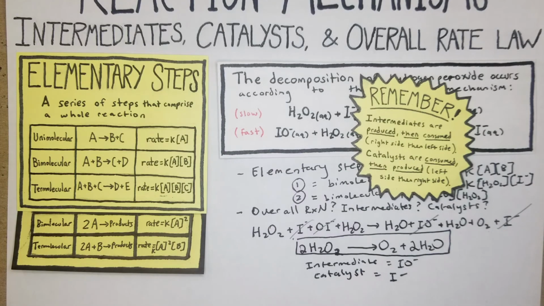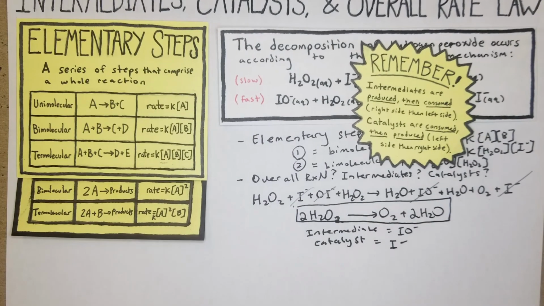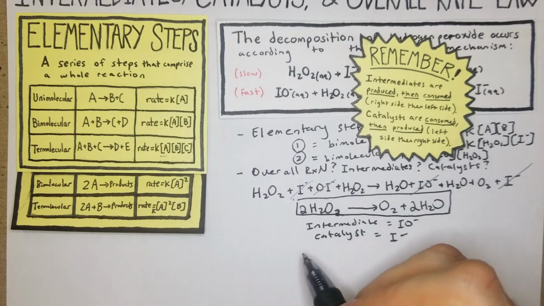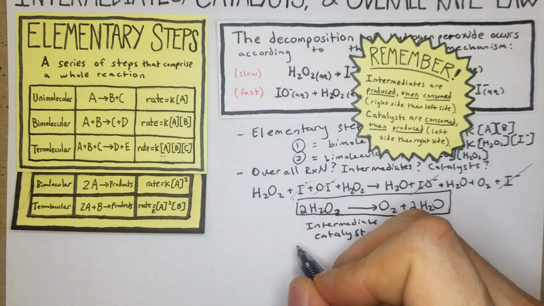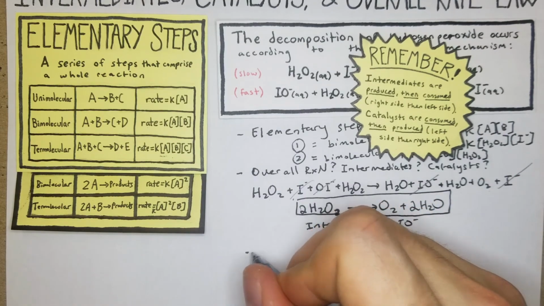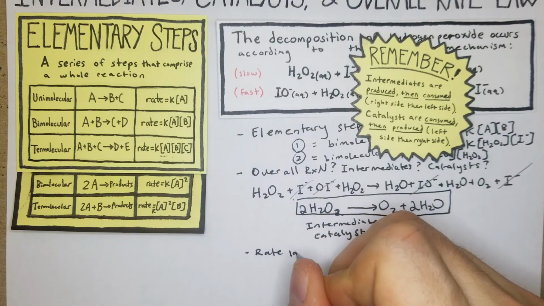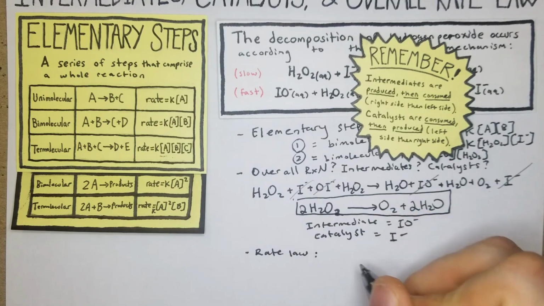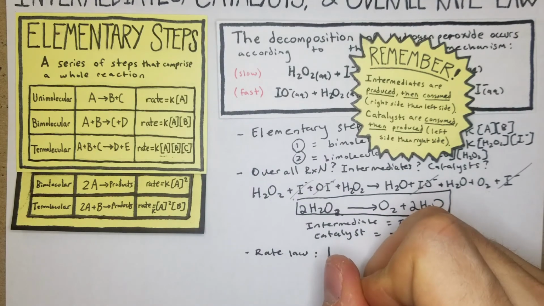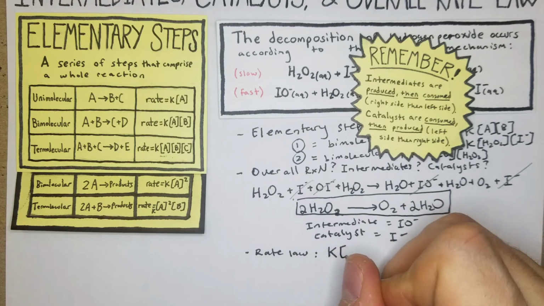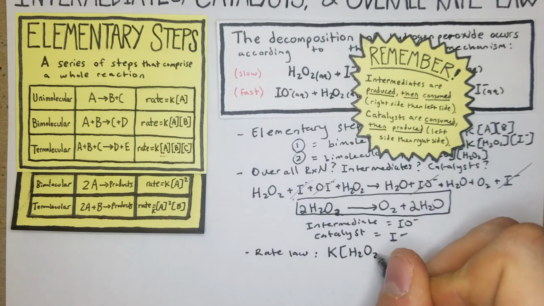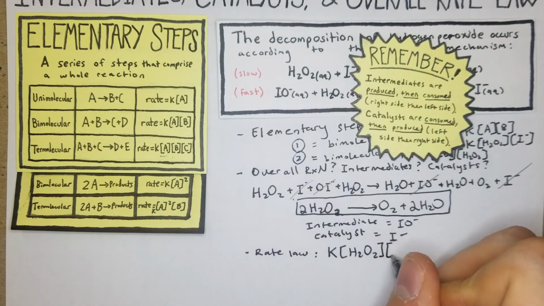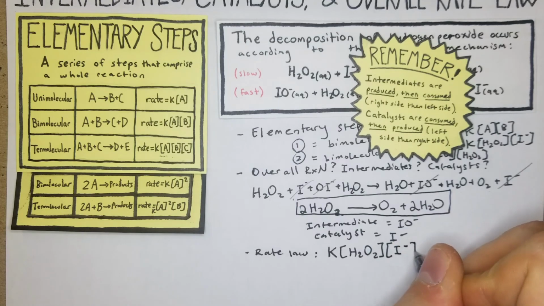We can move on from there and try to calculate the rate law. What we're going to have for that is k, H2O2, I minus.